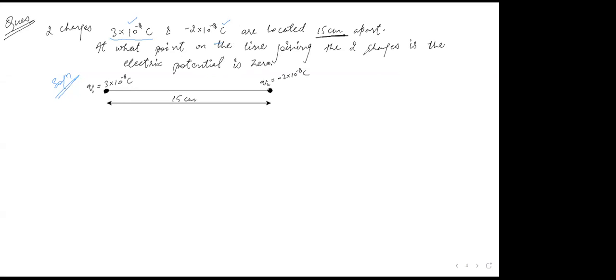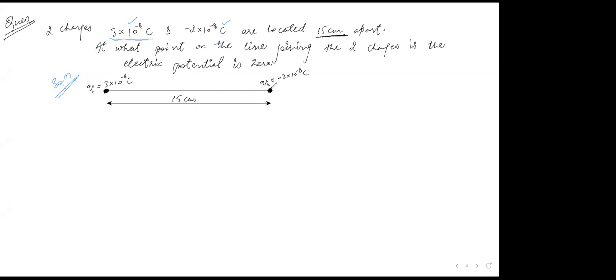Between the two charges, the electric potential is 0. Now, can you tell me what is the probability of 0 potential? Is it possible in between Q1 and Q2 or beyond Q1 and Q2? I mean, in between the 15 centimeter or beyond the 15 centimeter?